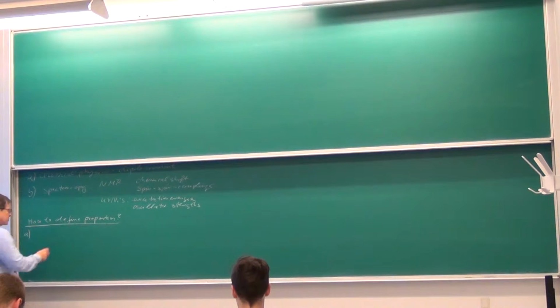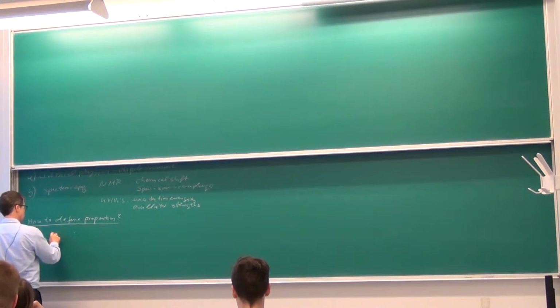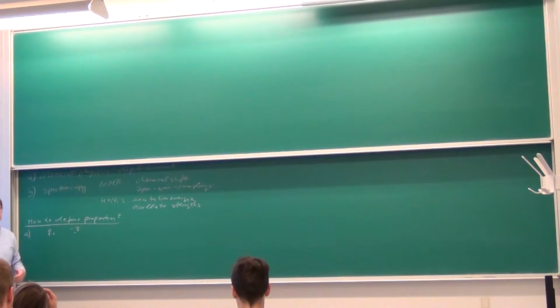If we have two point charges, let's see, one has a charge Q and the other one has a charge minus Q. So overall the system is neutral.